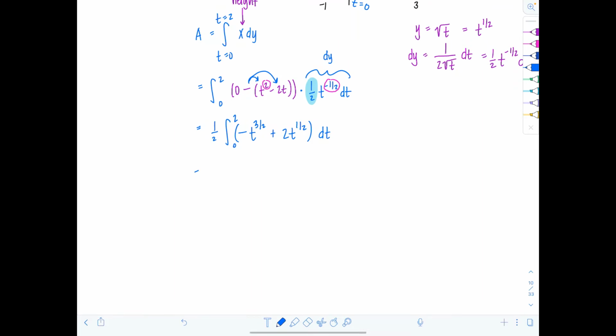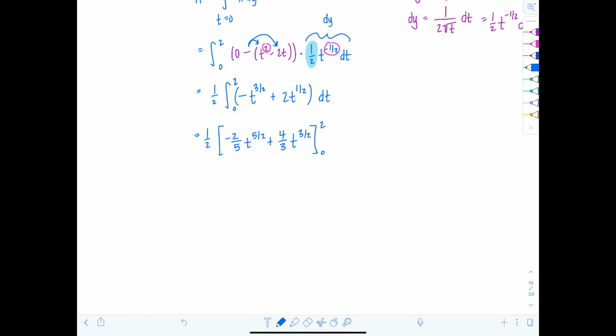So now we have 1/2. We can go ahead and anti-differentiate. So negative t to the 3/2 is going to become t to the 5/2, so I need a 2/5 in the front. Then 2t to the 1/2 is going to become t to the 3/2, and I need to multiply by 2/3. So we've got 4/3 t to the 3/2, and then evaluate this from 0 to 2.